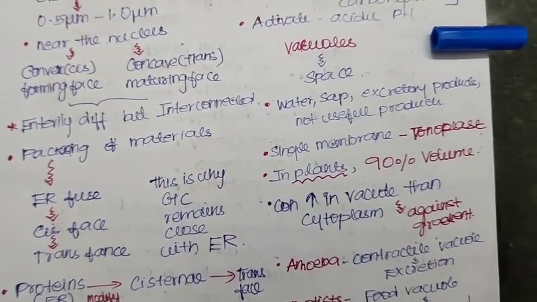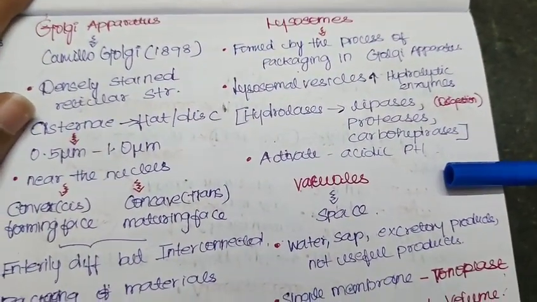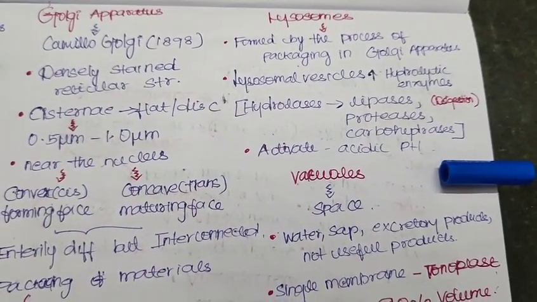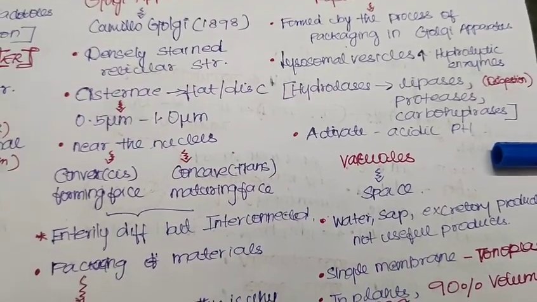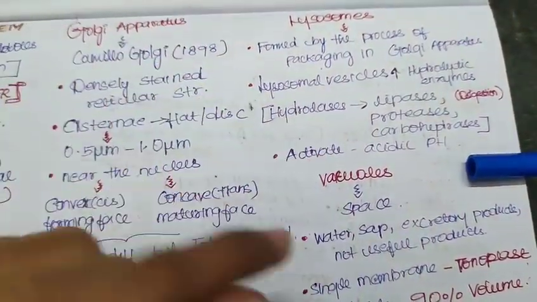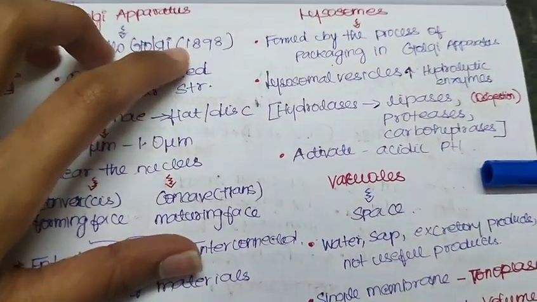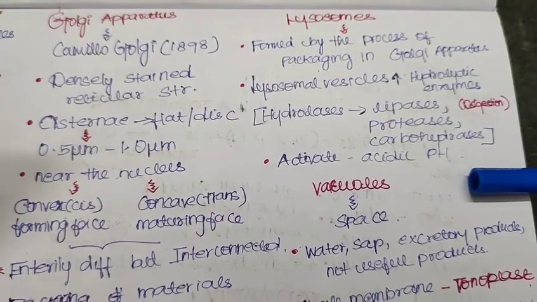Now we will talk about lysosomes. These lysosomes are formed when the packaging process is happening in the Golgi apparatus. We talked about how the Golgi apparatus is mainly for packaging of material. Whenever this is happening, lysosomes are formed. These lysosome vesicles are high in hydrolytic enzymes.